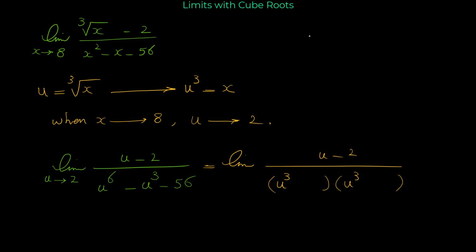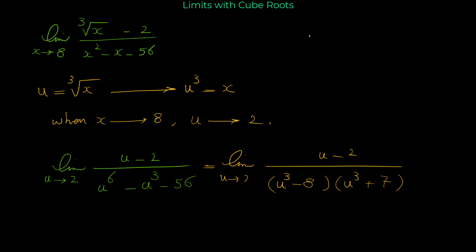Then we look for two numbers whose product is negative 56 and whose sum is negative 1. Those numbers are negative 8 and plus 7.